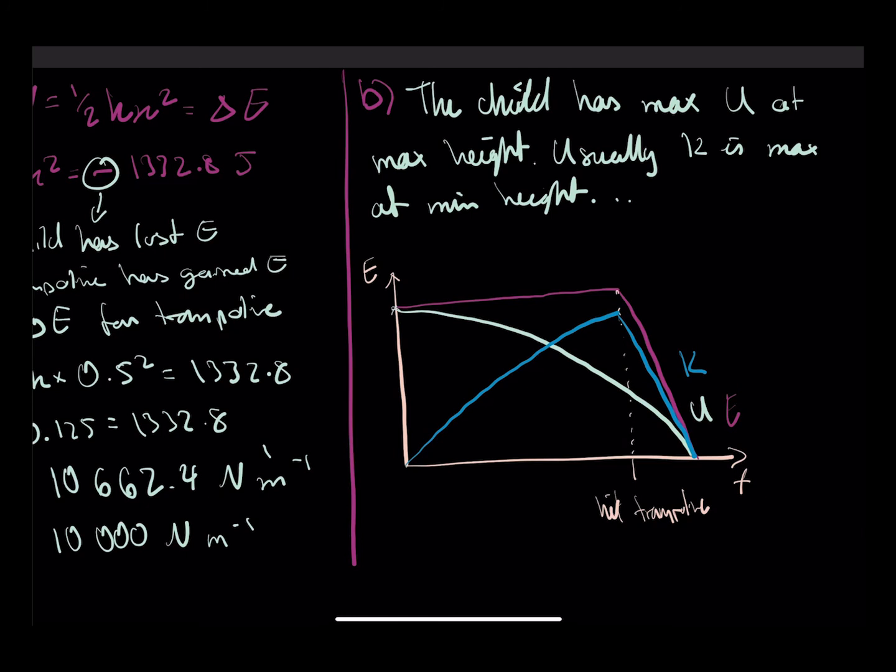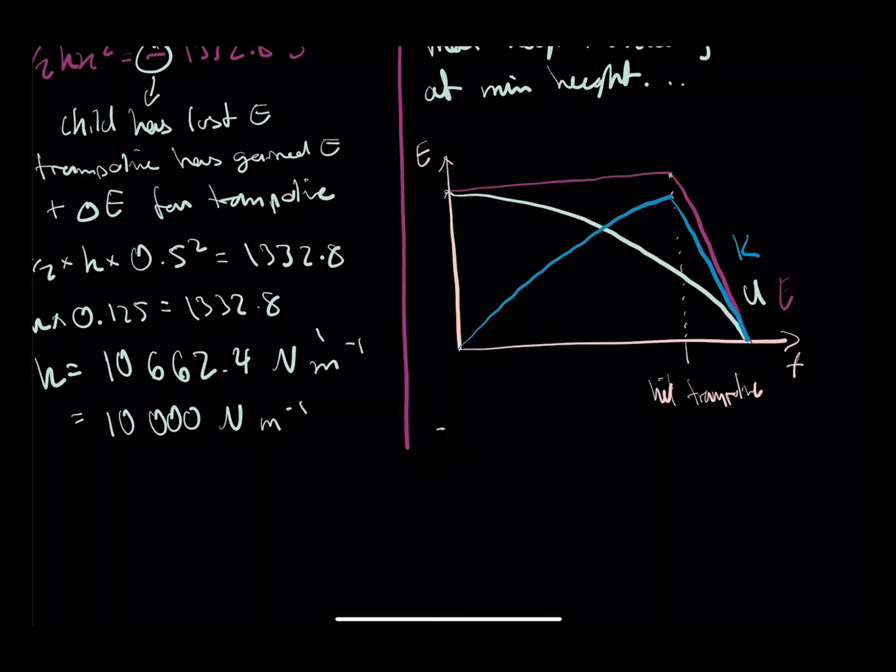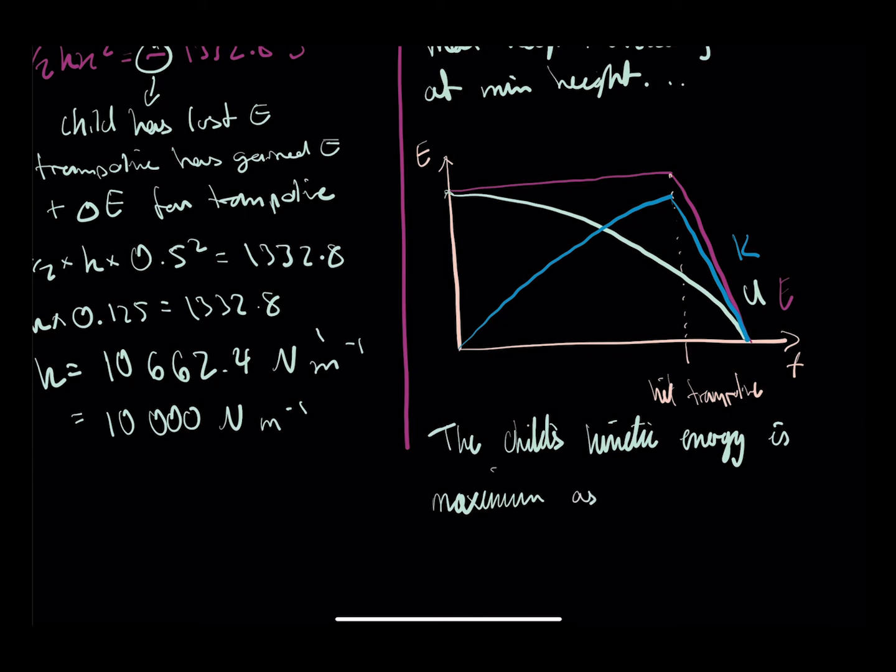So this tells us that our maximum kinetic energy is actually going to be occurring right when we hit that trampoline. So we might phrase that as the child's kinetic energy is maximum as they first touch the trampoline.